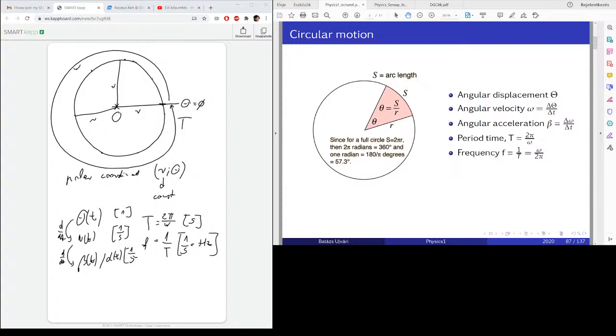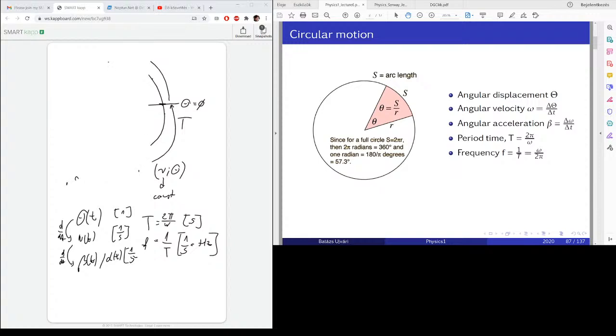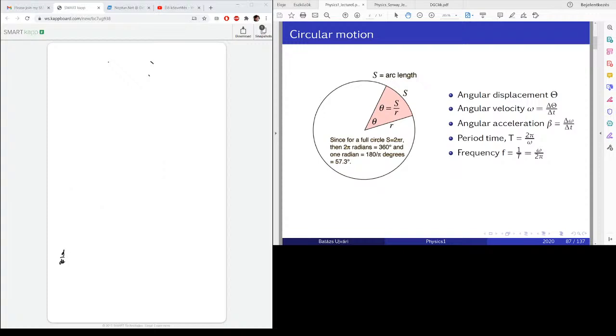Alright, let's solve an example. Let's start with constant angular velocity.